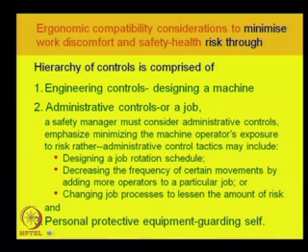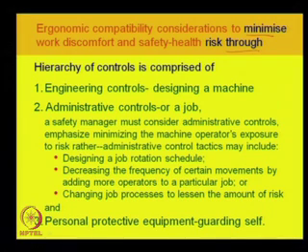Now, the ergonomic compatibility considerations to minimize work discomfort and safety health risk through hierarchy of controls, and these hierarchy of controls are composed of number 1, the engineering controls, that is designing a machine, number 2, administrative control or a job. A safety manager must consider administrative controls, emphasize minimizing the machine operator's exposure to risk.